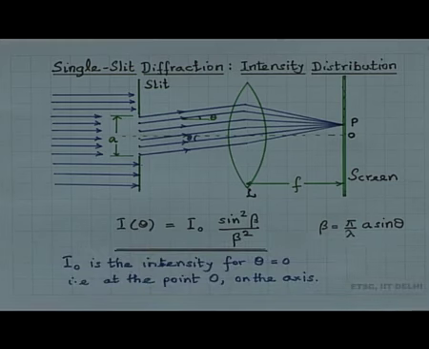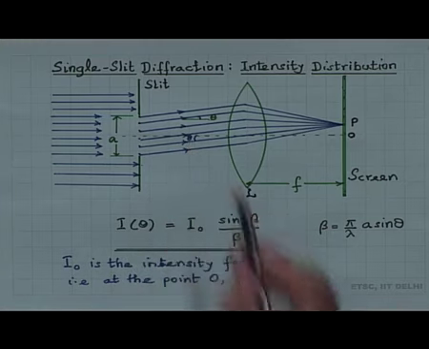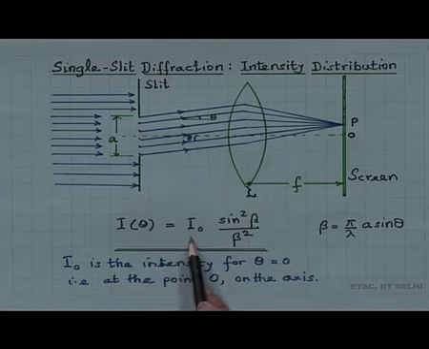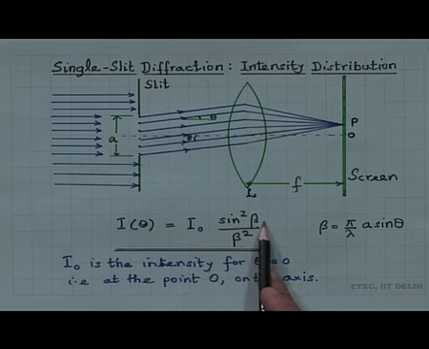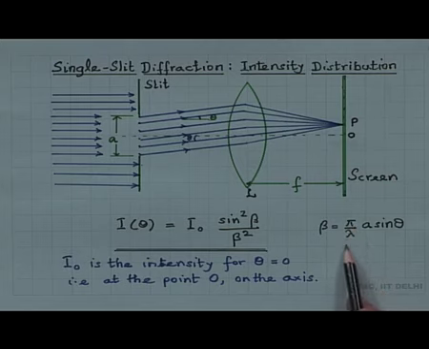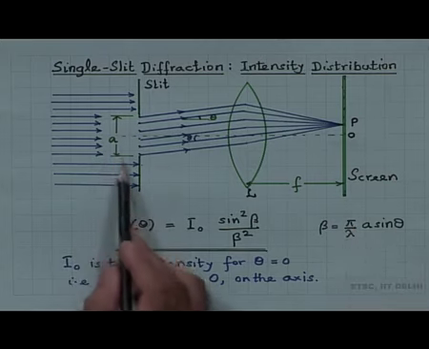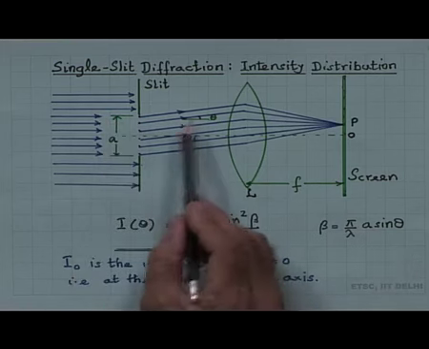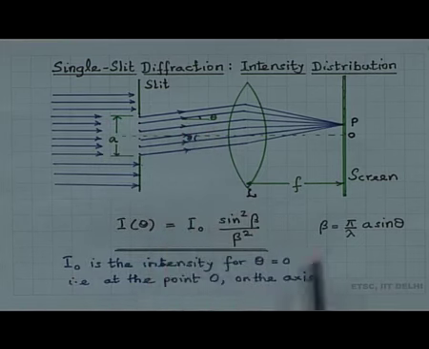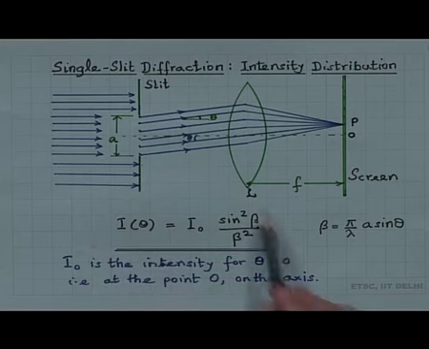The intensity distribution is given by I of theta equals I 0 into sin square beta by beta square, where beta is equal to pi by lambda into a sin theta. A is the slit width, and theta is this angle here.